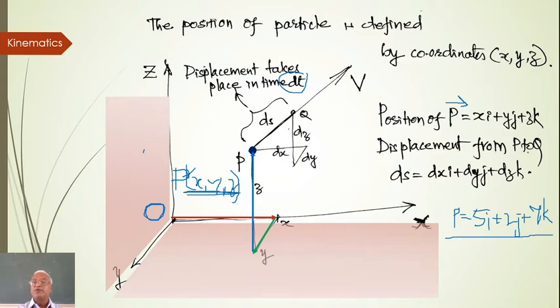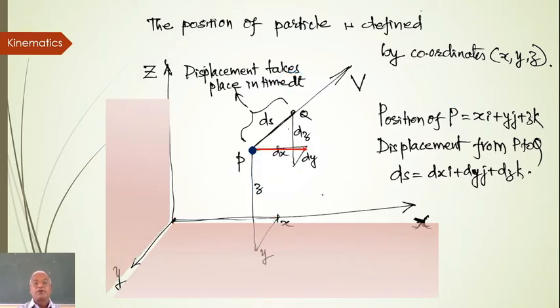Now the displacement from P to Q, ds, you can just see here, ds, is the actual motion, but again this will be broken into dx along the x direction, dy along the y direction, dz along the z direction, right? So look at that, dx, dy, dz.